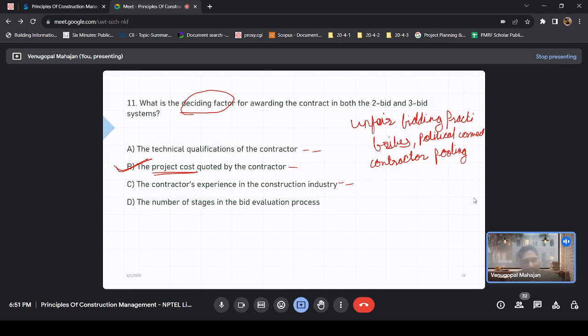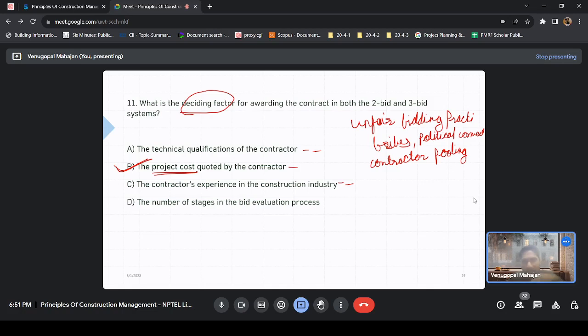Similarly, they would do this chance by chance so that everybody gets some project, or they might divide the area or territory among themselves, like Mumbai. This is a ring, a tender ring, sir. Yes, definitely cartel and ring, or like the Mumbai mafia divide areas: if the project is from this area, this person will take it.